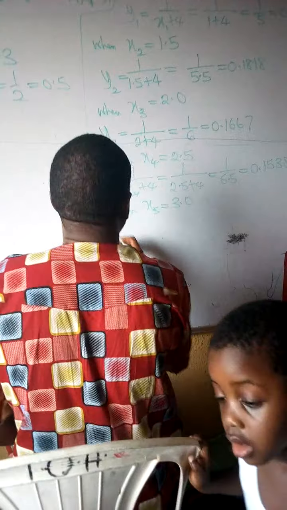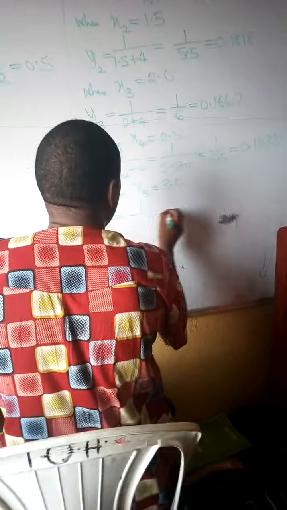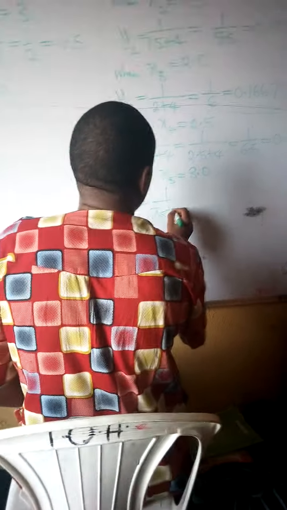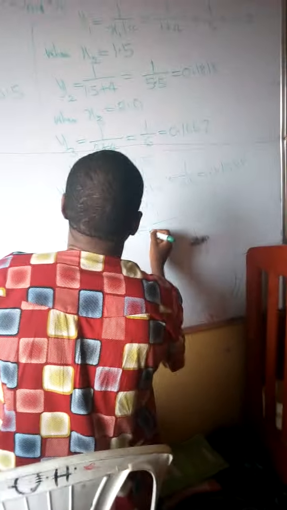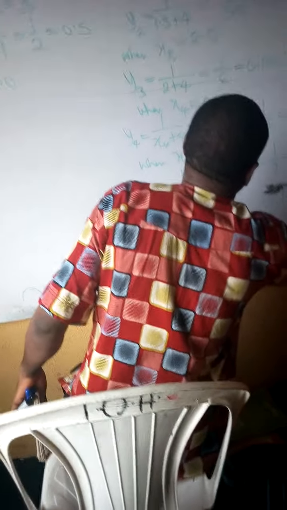When x5 equals 3.0, y5 equals 1 over x5 plus 4, and that equals 1 over 3 plus 4. That's 1 over 7, and 1 over 7 is 0.1429.